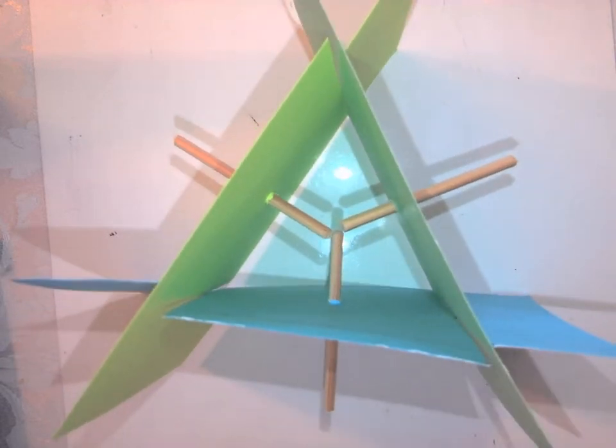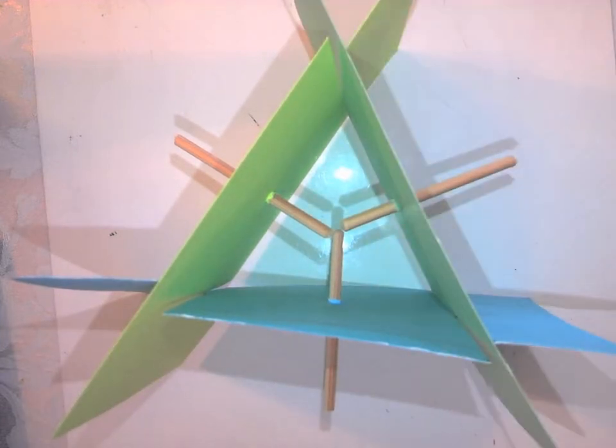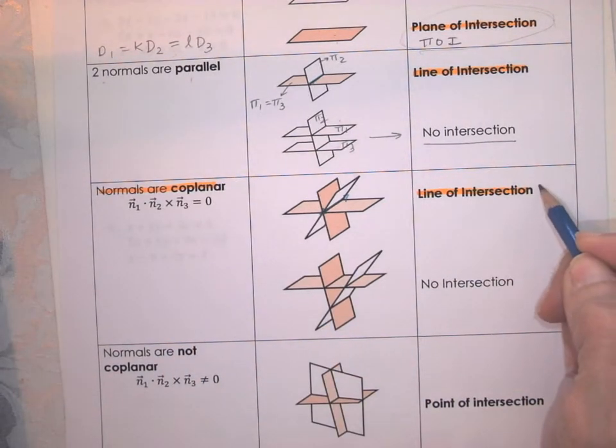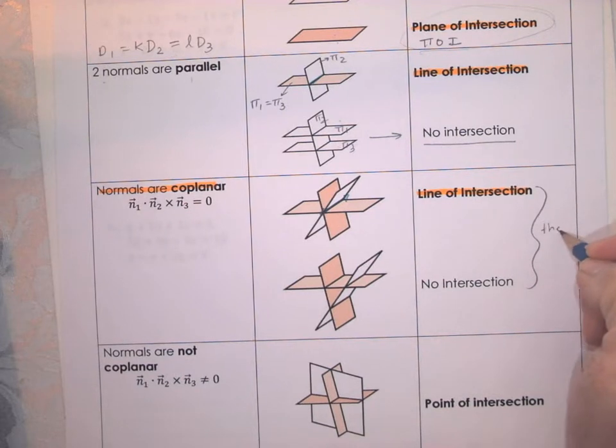But in this case, there's no intersection of all 3 planes. There's an intersection of 2 here, 2 here, and 2 here, but none of all 3 of them. So this leads to no intersection. The only way to tell between these 2 is that the matrix will tell us.